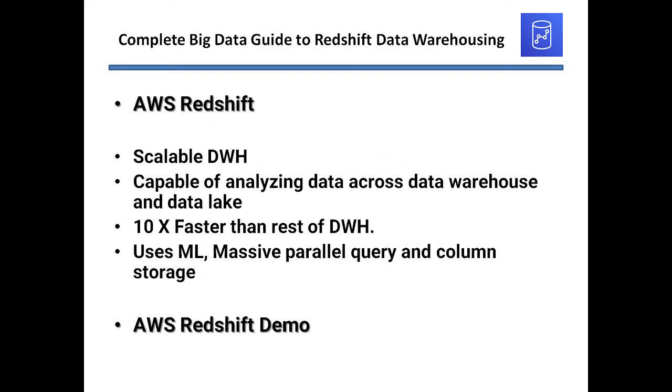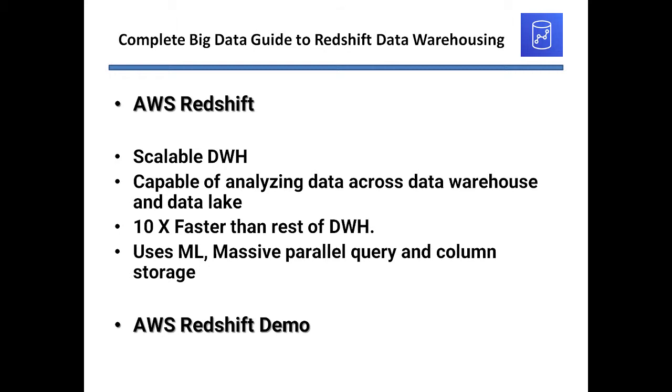Next is AWS Redshift. What is AWS Redshift? AWS Redshift is a scalable data warehouse capable of analyzing data across the data warehouse and data lake. Imagine you have tons and tons of data in your data lake, zettabytes or petabytes of data.